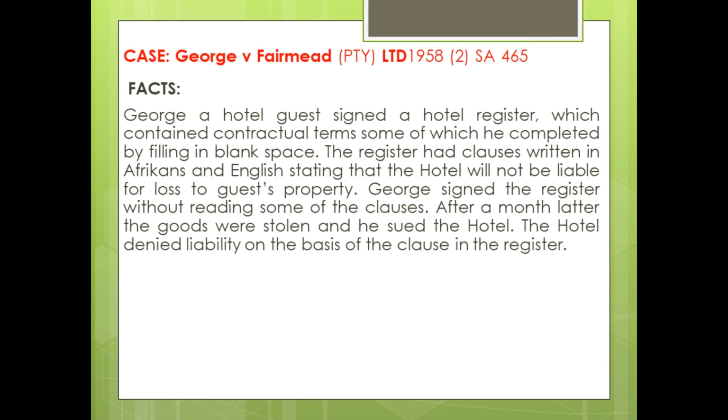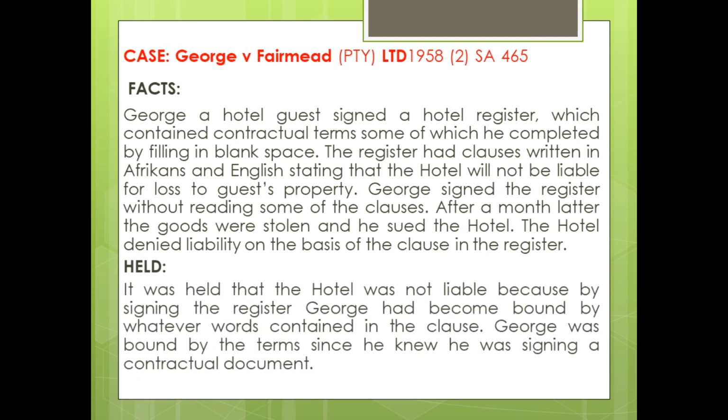The register had clauses written in Afrikaans and English stating that the hotel will not be liable for loss to guest property. George signed the register without reading some of the clauses. After a month, the goods were stolen and he sued the hotel.